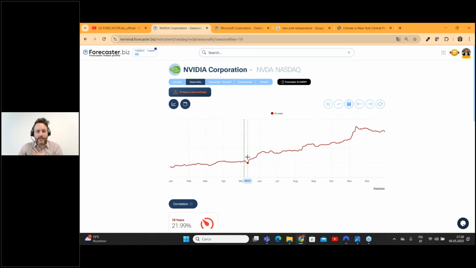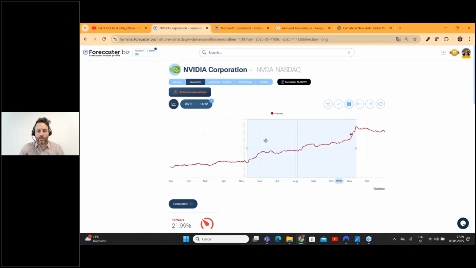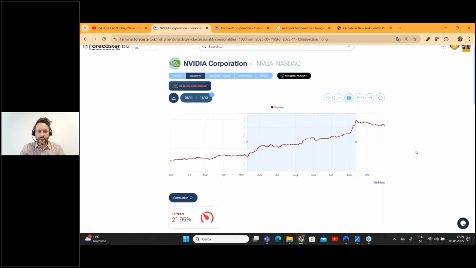What we can find inside this 10-year seasonality chart are patterns. For example, in this case, as you can see, starting from the very beginning of May until the very beginning of November, in the last 10 years, on average, we had a very strong performance. Because if we go here, we highlighted all this piece of the chart.